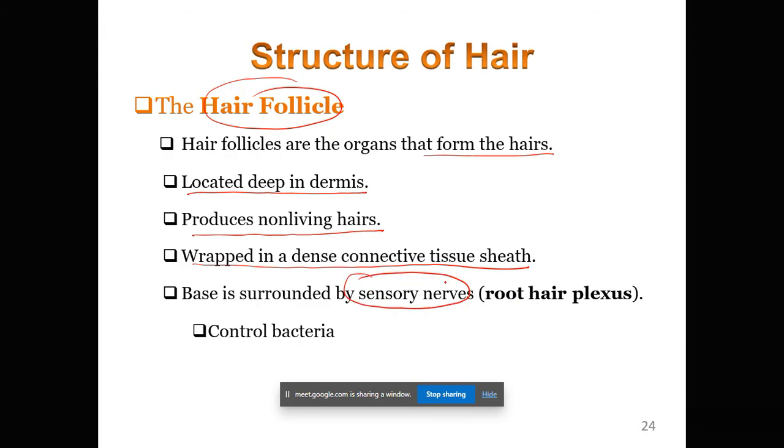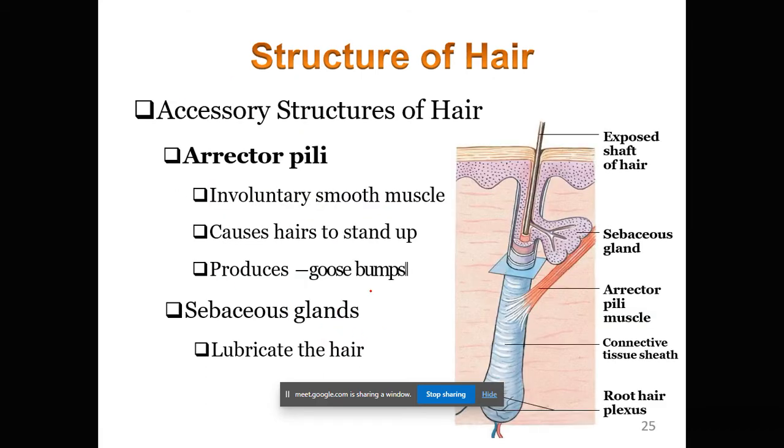Okay, so sensory nerves supply this hair follicle. Although the hairs are non-living, if you pull them, you feel the pain because of the sensory nerves present at the base of the hair follicles. Okay, so the function they play is that they prevent bacteria.